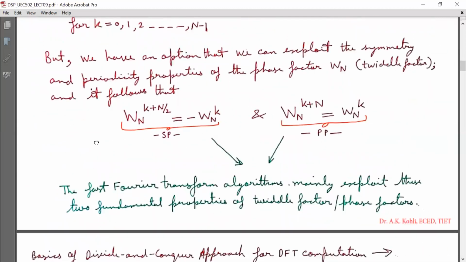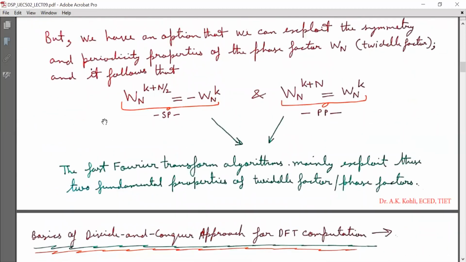But we have an option: we can exploit the symmetry and periodicity properties of phase factor or twiddle factor W subscript N. It follows that W raised to power k plus N by 2 is equal to minus W raised to power k; this is by symmetry property. And W raised to power k plus N is equal to W raised to power k; this is by periodicity property.